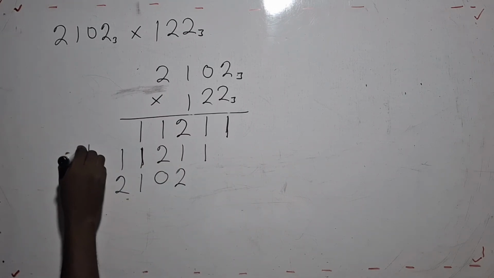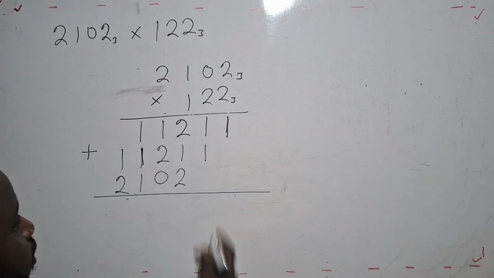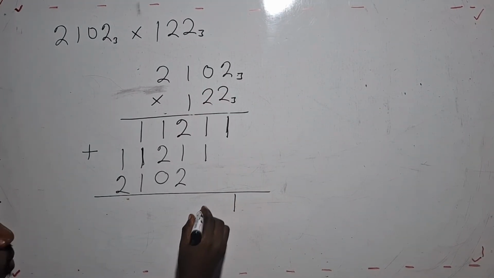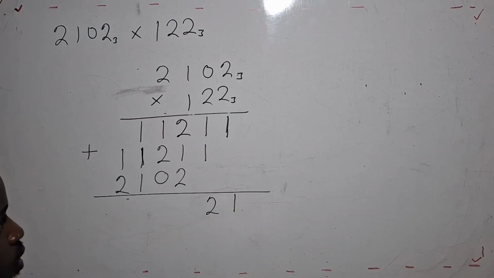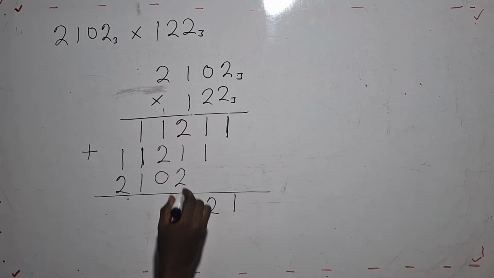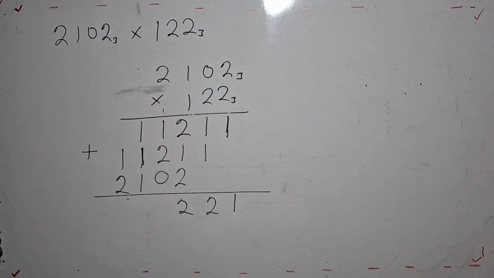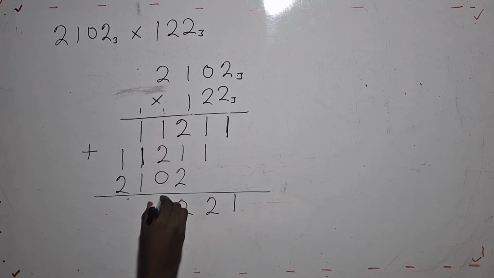Then here we know that when we get to this stage, we add. So let's add them. To underline it, we add. There's no number here, so we write our 1 here. 1 plus 1, 2. 2 is accepted in base 3. So write 2. 2 plus 1 plus 3 is 5. 5 divided by 3 will be 1, I'll write it here, remainder 2. 1 plus 1 plus 2 is 4. 4 divided by 3 is 1, remainder 1.